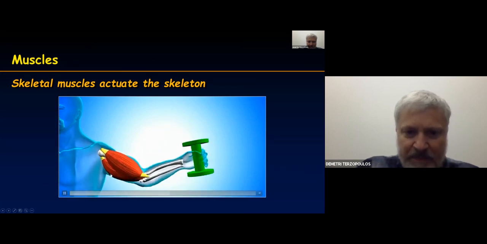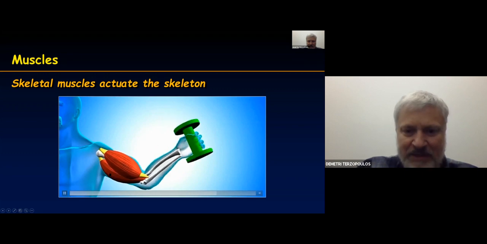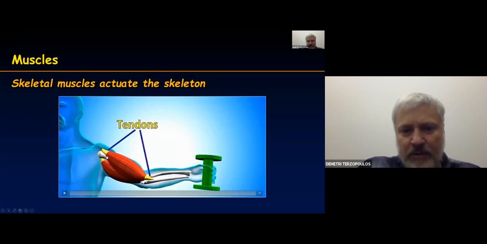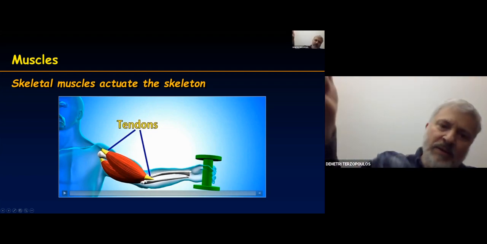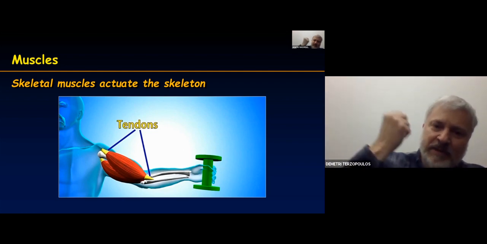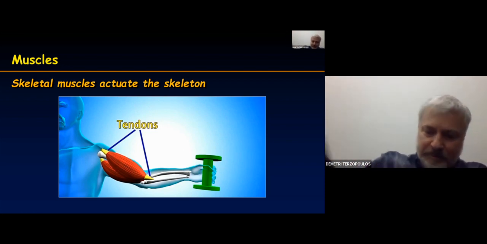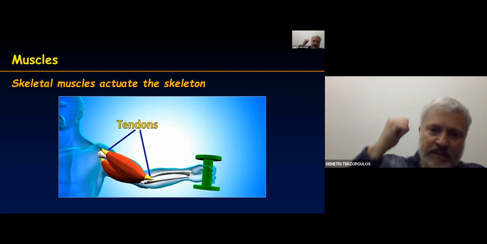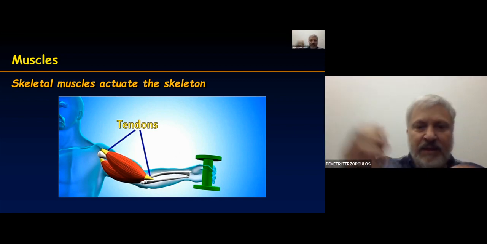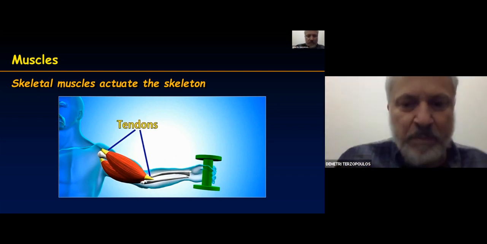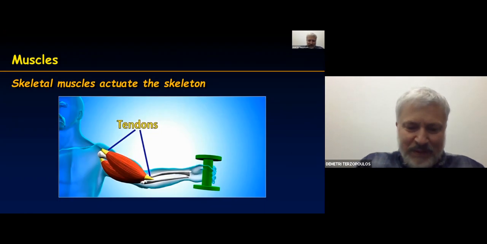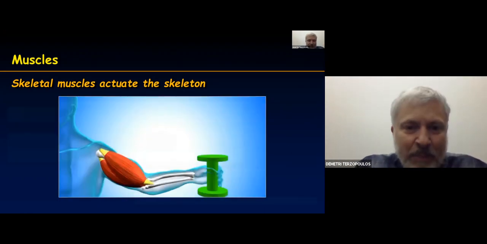Here you have the bicep and the tricep muscles, and they're connected to bones through tendons and so on. And one extends the arm, and the other one contracts. The bicep contracts the arm, or flexes, and the tricep extends. So these pairs are found everywhere in the human body, and that's part of the biology.